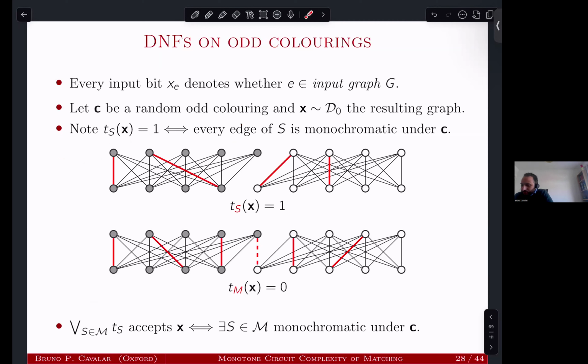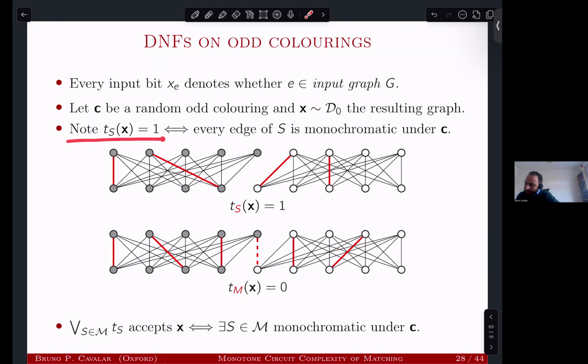Right. So how do DNFs behave on those graphs? Let's remember that in the context of perfect matching, every input denotes whether an edge appears in the graph or not. Remember that C is the random coloring, and X is the resulting graph.